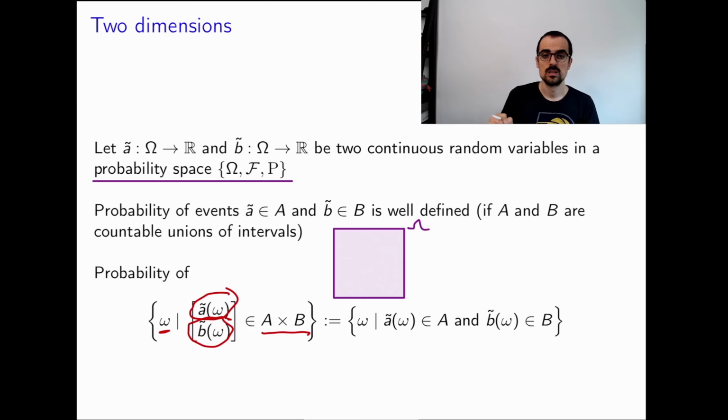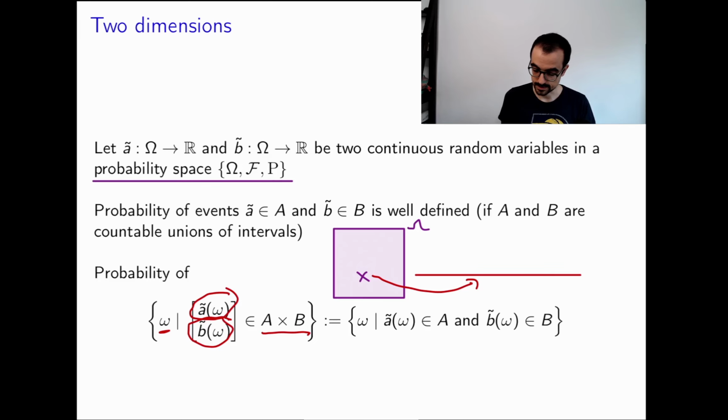And now we have a random variable A that maps points in omega. So let's draw a point here, for example. It maps points in omega to the real line. That's what A does. It's a valid random variable. It maps points to the real line so that the intervals have a well-defined probability.